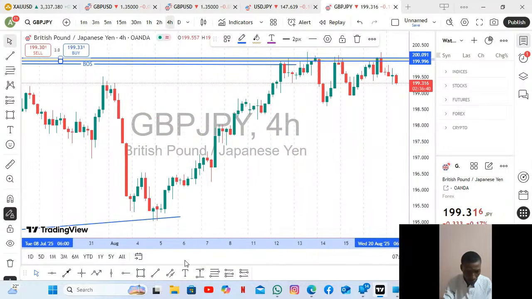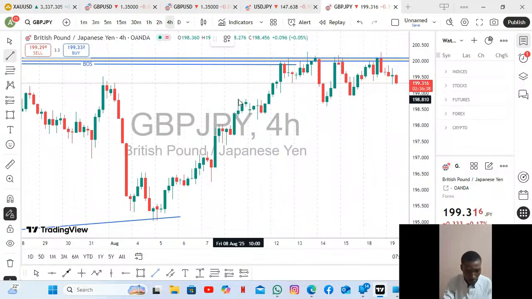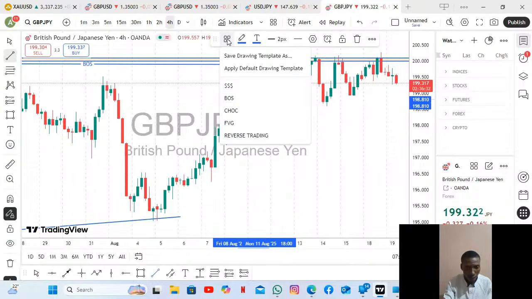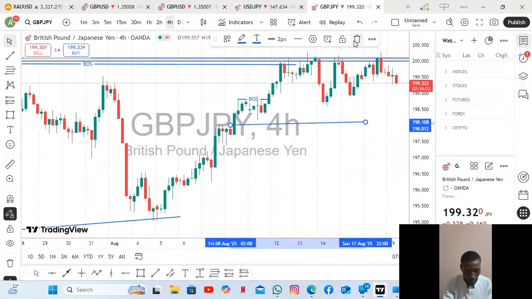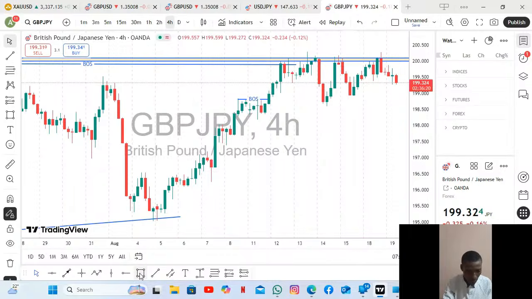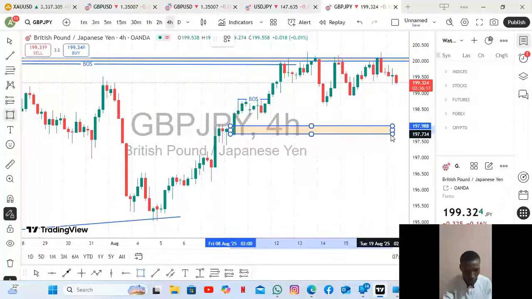A closer look will show us on the 4-hour time frame another break of structure. And if that is a break of structure on the 4-hour time frame, we can see that the market might probably come to this other block.